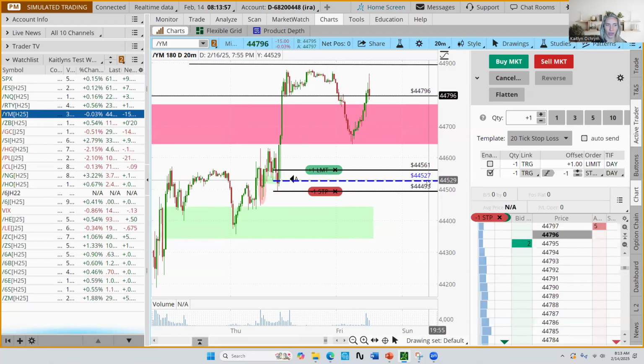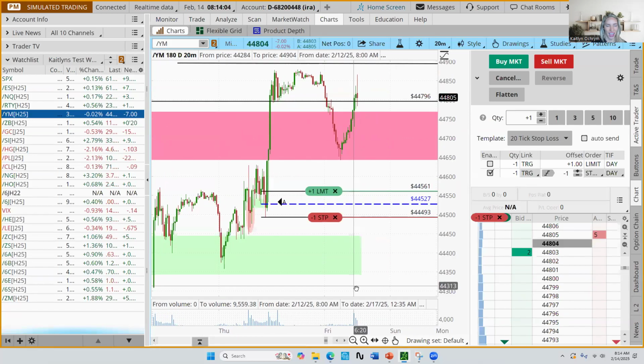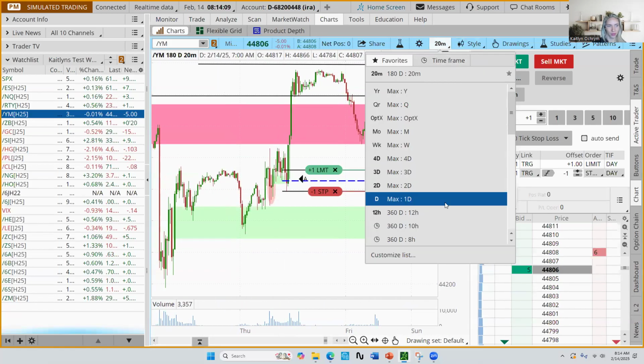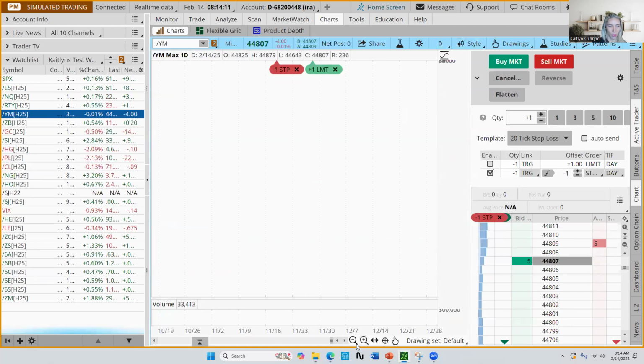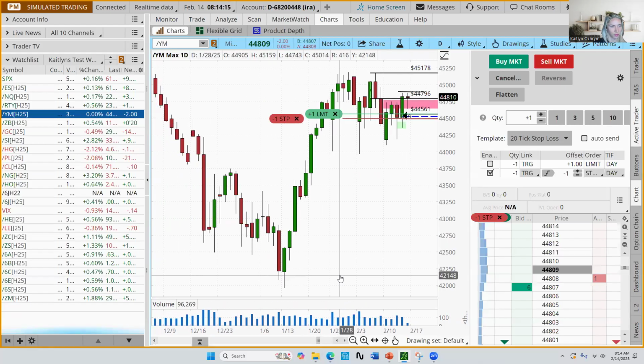And then you could do your entry at 44,527 instead of 44,561. And now we wait. So we use the heat map to find our zone. That's important because it gets us in the right location of where we should be looking.